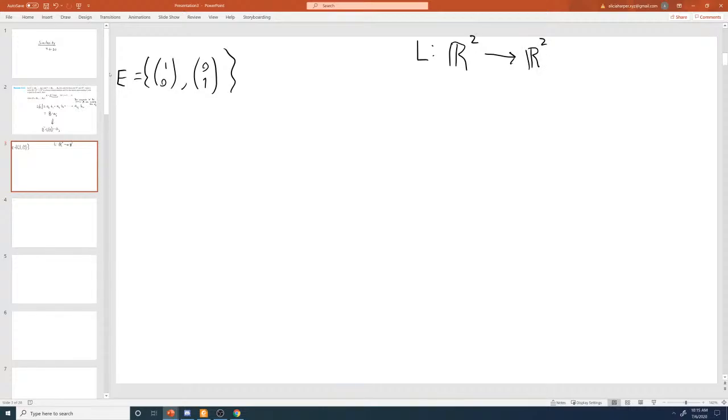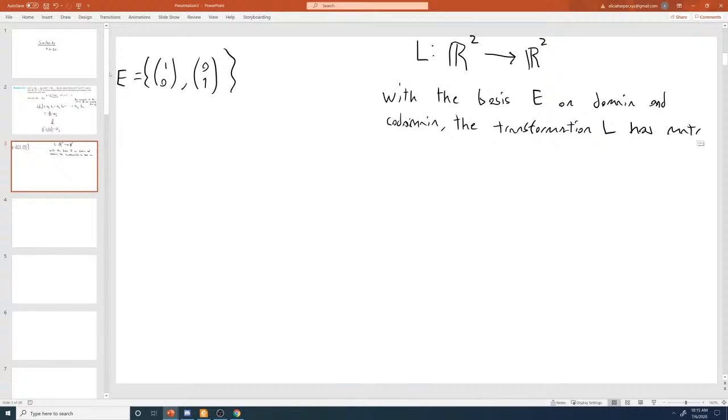With the basis E on both the domain and the codomain, the transformation L has matrix A equal to [1, 2; 1, 1].